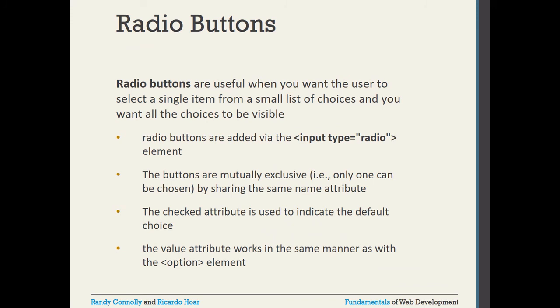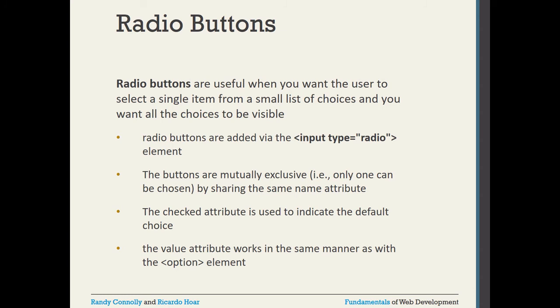Okay. Another thing is called the radio button. So input type equal to radio. Generally radio buttons are useful when you want the user to select a single item from a small list of choices, and you want all the choices to be visible. Whenever you want multiple choices, then radio button is not good; then we can go for input type equal to checkbox. So radio is just a circle, and there a dot appears when selected.